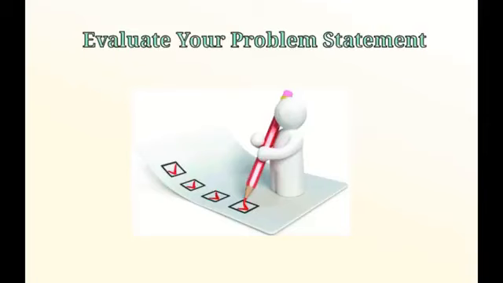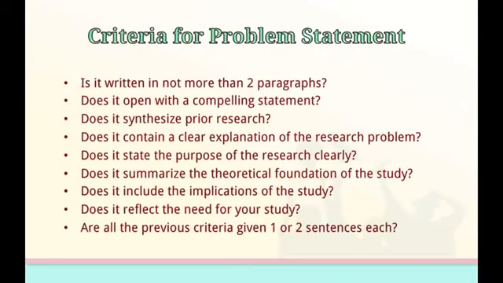Once you have written down your problem statement, and as we can see, Adrian is not ready yet to write it down but now knows how to do it, then we are ready to evaluate the problem statement.